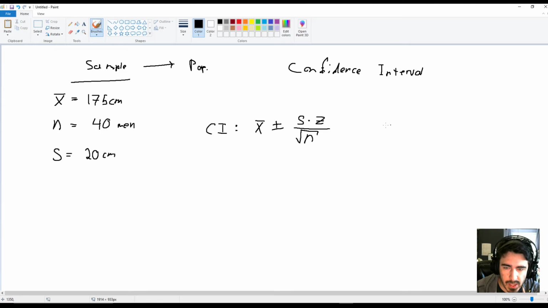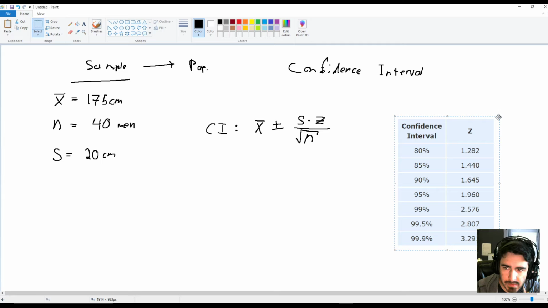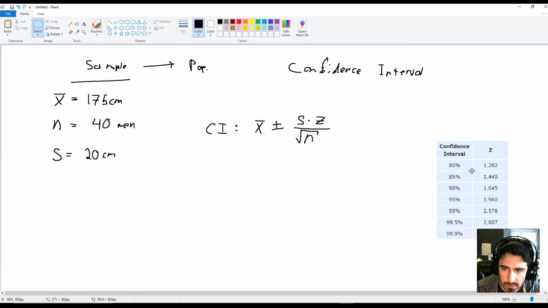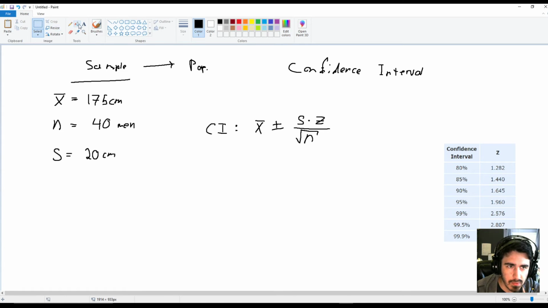Now the z-score actually is pulled from the normal distribution, and it's not too important, but we usually have a table for this. If we want to have a 95% chance of the true population average falling within this sample size, then we will go to the confidence interval table and find the value for 95%, and we'll see that it's actually 1.96, and we'll just plug that in for z.